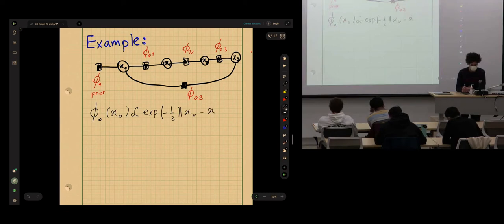Now it doesn't matter whether it's x0 hat minus x0 or the other way around because it's a norm. Which is proportional to the probability distribution.